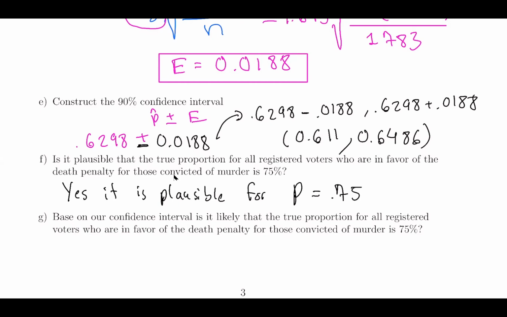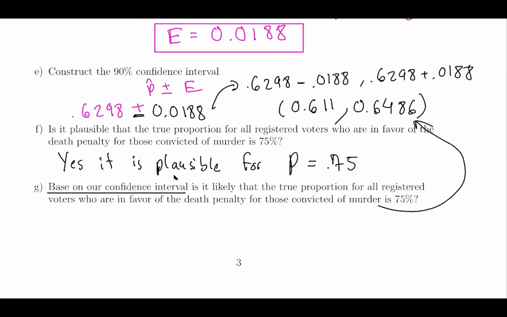So for part G, it's saying based on your confidence interval, is it likely that the true proportion for all registered voters who are in favor of the death penalty for those convicted of murder is 75%? So this one's saying based off of our confidence interval. So for this one, all you have to do is see 0.611 and 0.6486. You have to kind of know 0.75 doesn't fall in between. It actually falls above it.